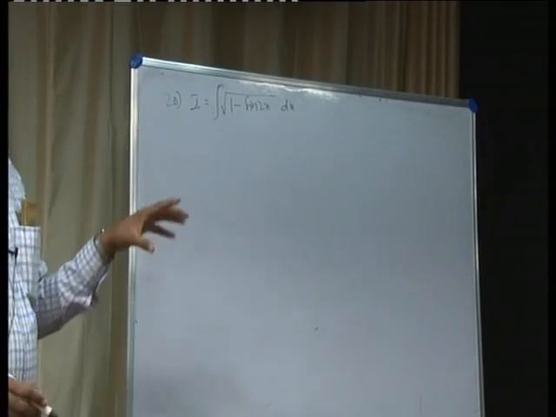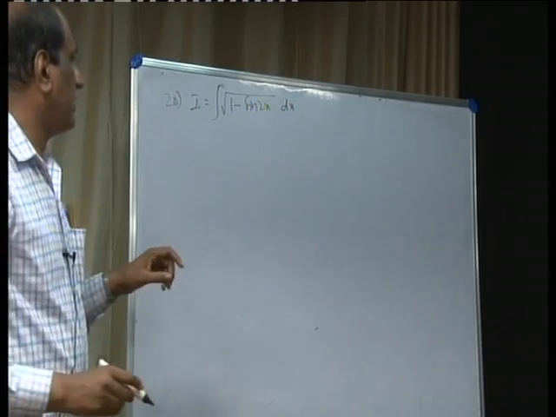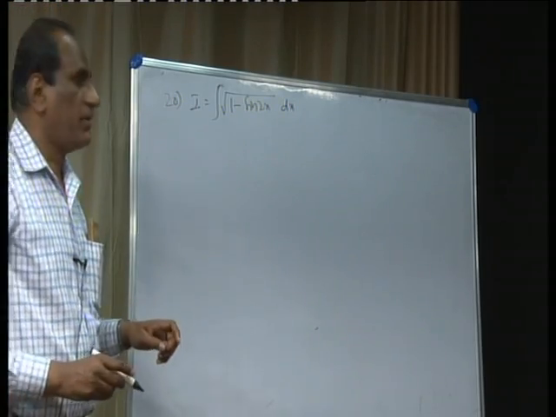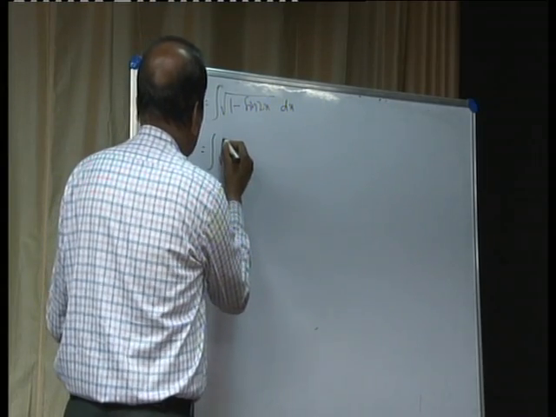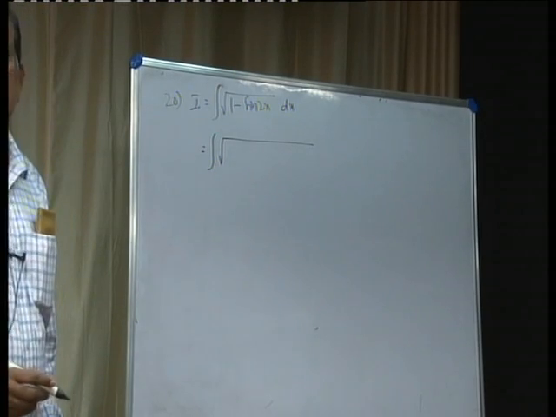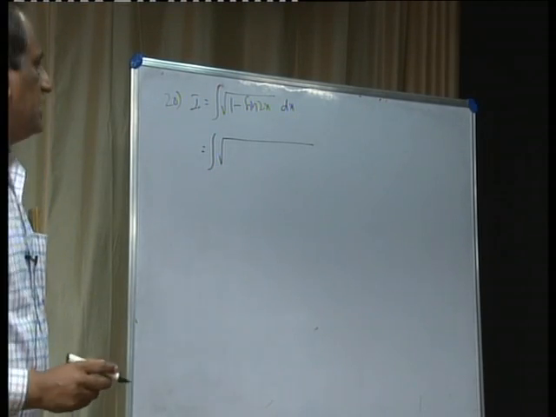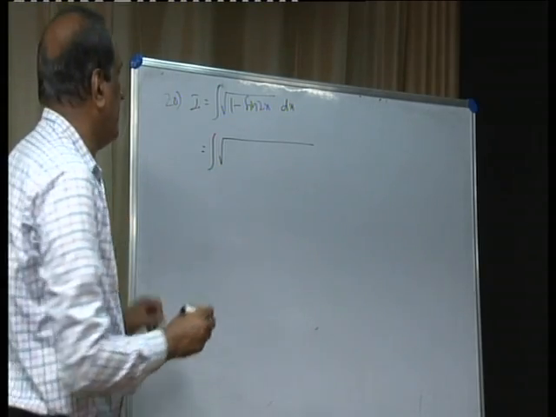Now, write the root as a perfect square term. How to write this as a perfect square term? See here, integration of root of. 1 can be written as sin square x plus cos square x. There is an identity, sin square x plus cos square x is equal to 1.